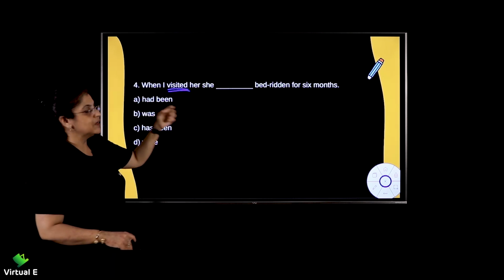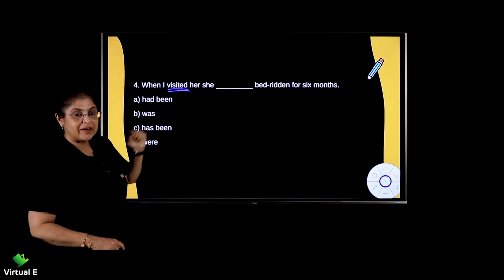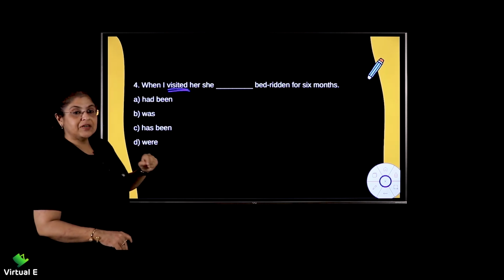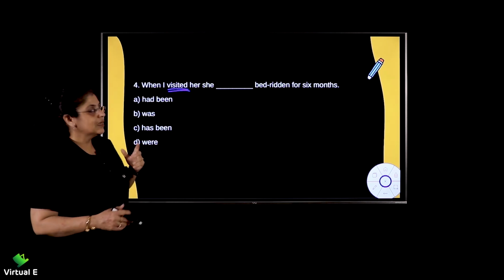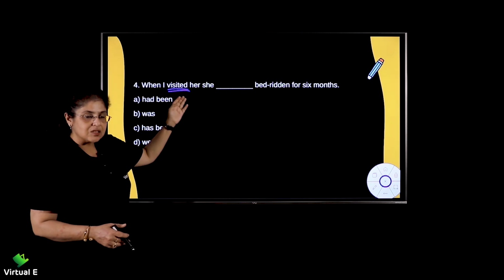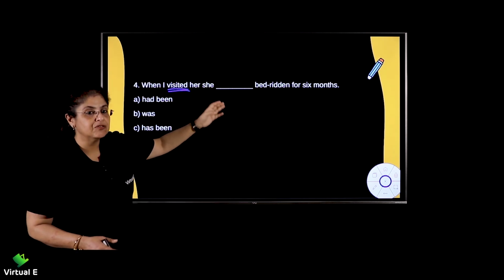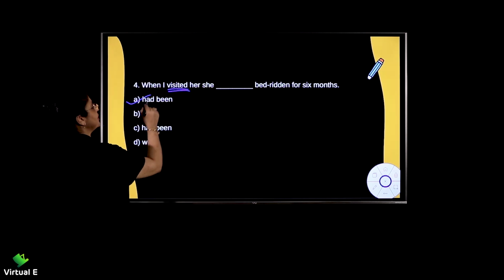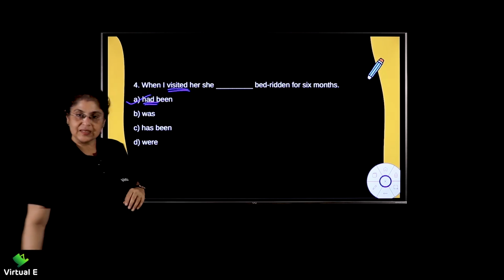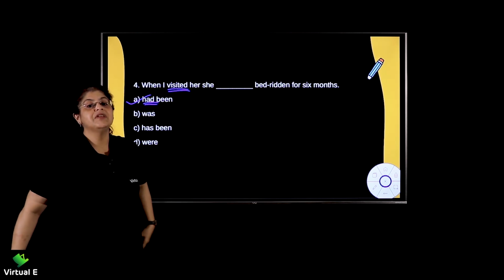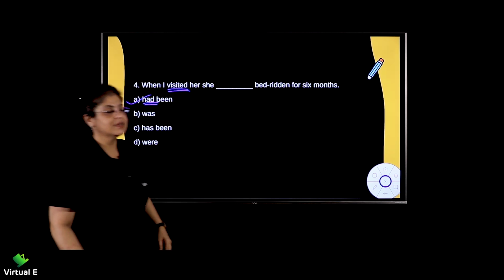So she had been bedridden, she was bedridden, she has been bedridden, or she were bedridden. Now obviously it's past, you will have a past perfect, and past perfect means had. Clear? This is how we are going to use our tenses.